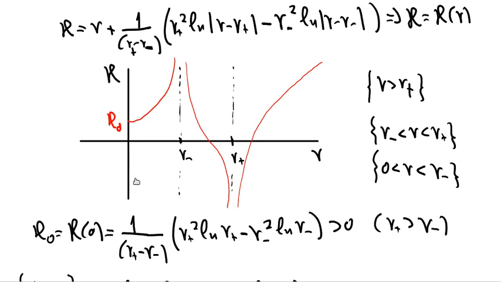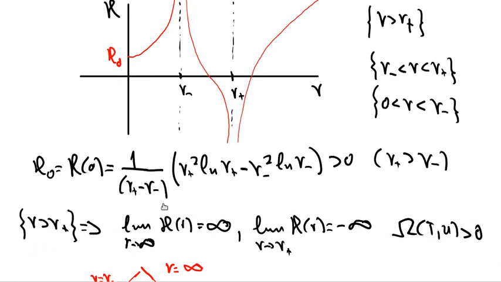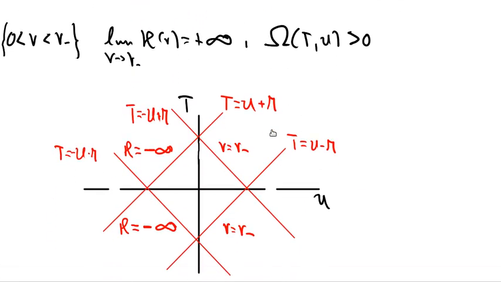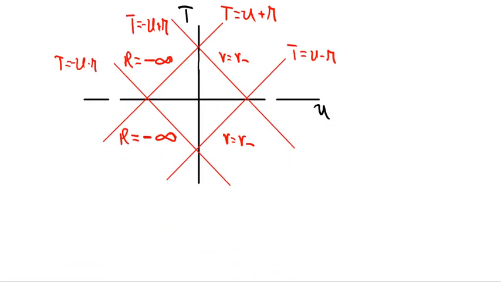As happened in the Schwarzschild case, we need to consider the region such that R naught is equal to R.